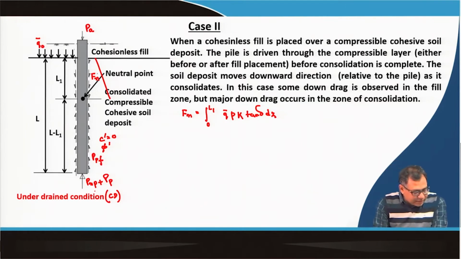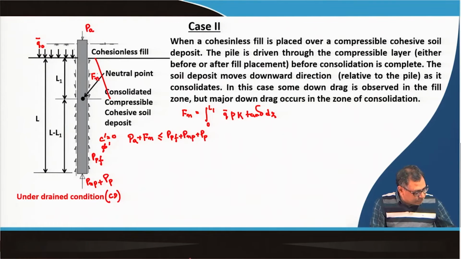So here I can write that the actual design condition is PA plus Fn should be less than or equal to PPF plus PNP plus PP.